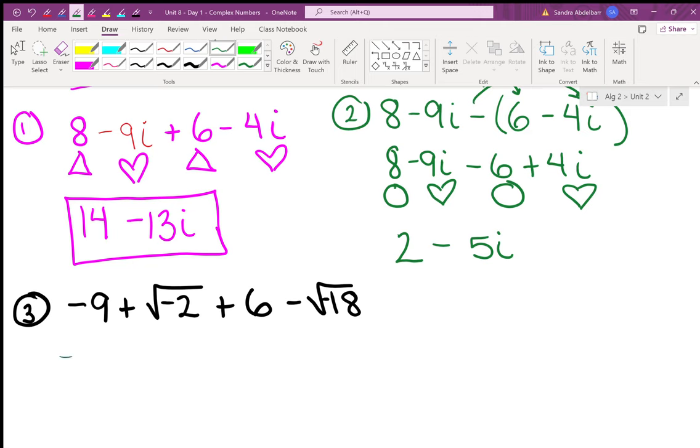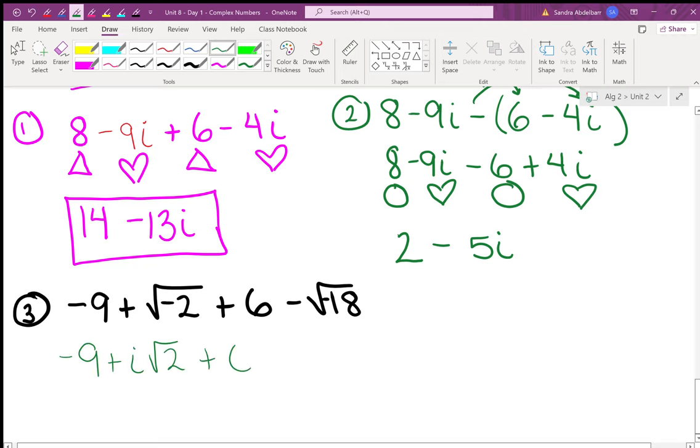So I have negative 9 plus i root 2 plus 6. Now, I'm going to pull out the negative from the 18, but can I also simplify that at the same time, to kill two birds with one stone? Absolutely. So if I want to simplify root negative 18, how do I simplify that? What does that become? You got it.